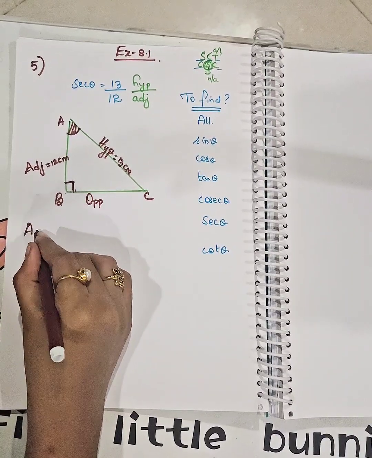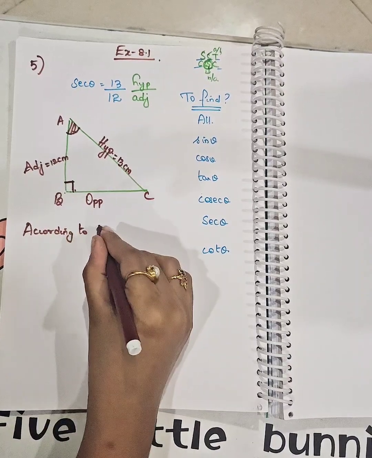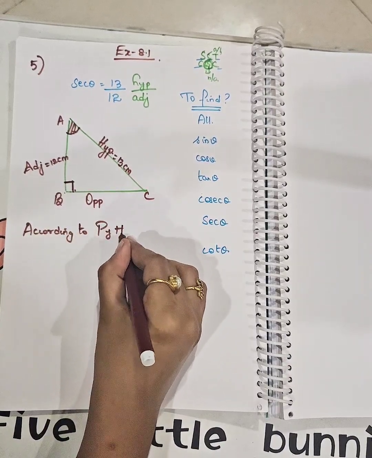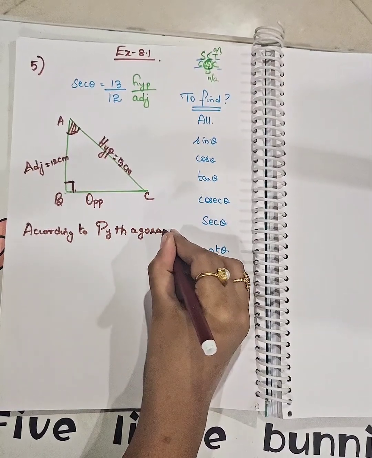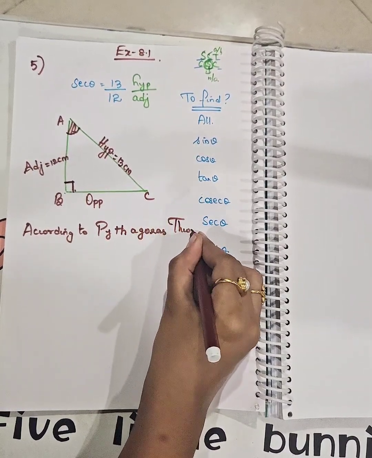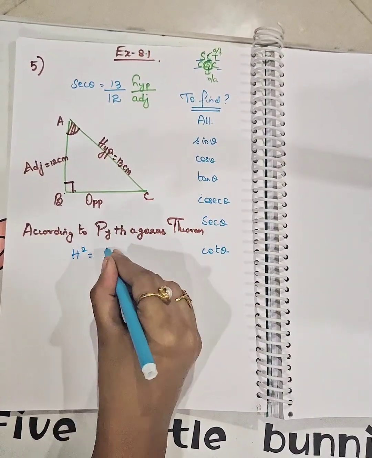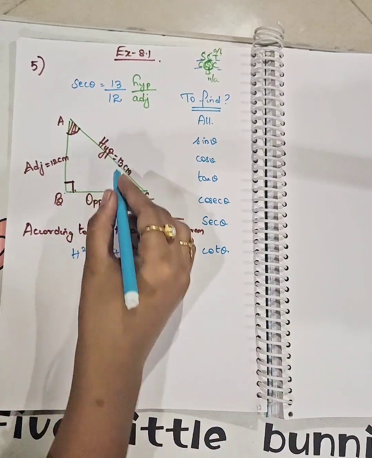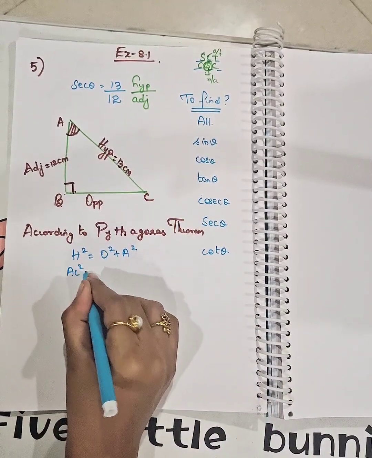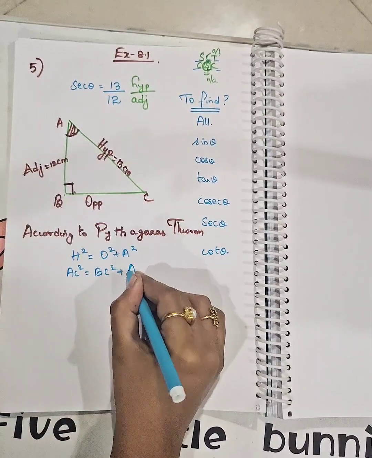Obviously according to Pythagoras theorem. Hypotenuse square is equal to opposite square plus adjacent square. So what is hypotenuse square here? AC square is equal to BC square plus AB square.